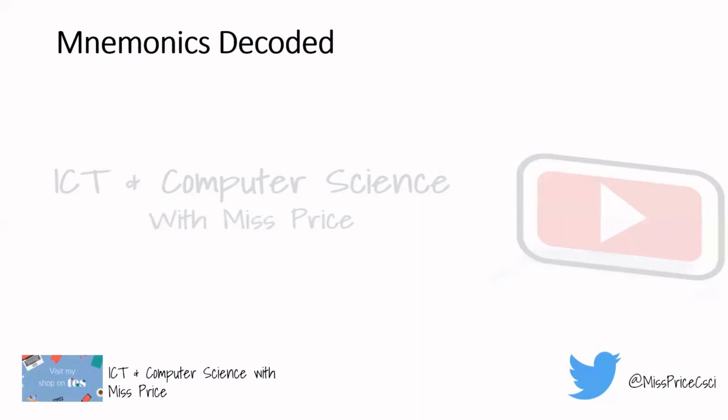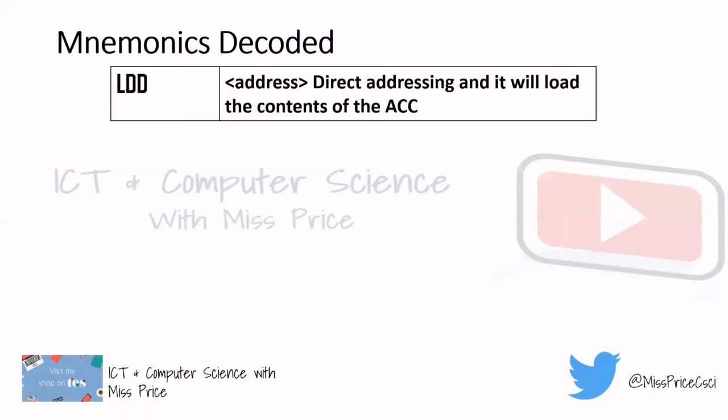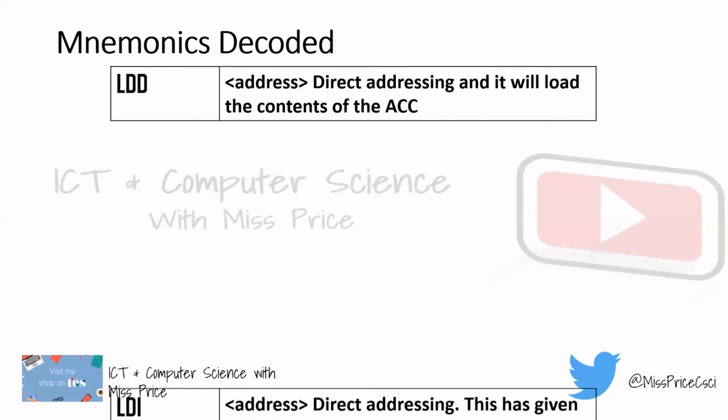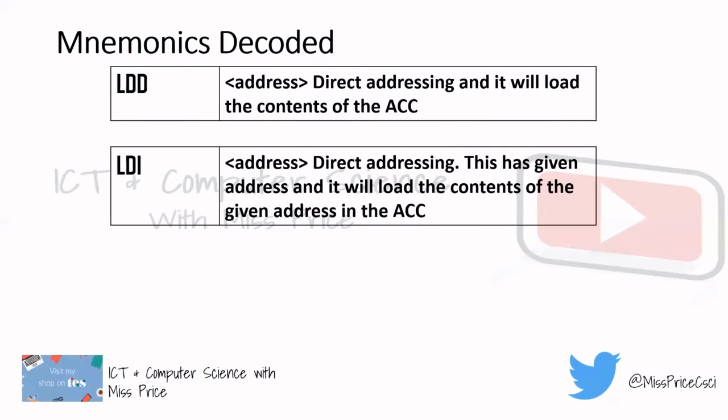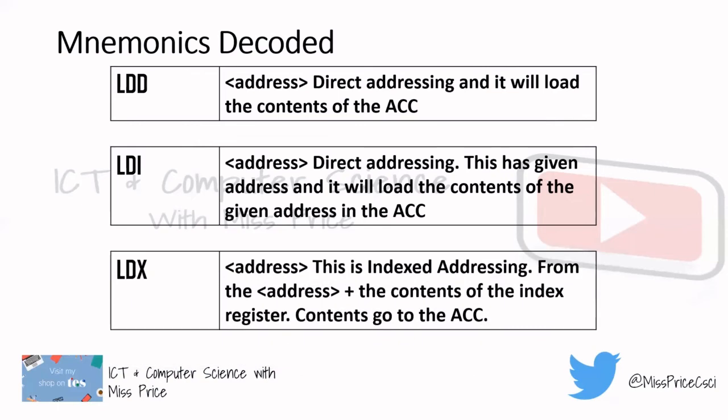Now let's look at decode and mnemonics. So LDD is direct addressing, and it will load the contents of the address to the accumulator. Then you've got your LDI, which is indirect addressing. This has a given address, and it will load the content of the given address to the accumulator. And then the LDX, which is given an address.